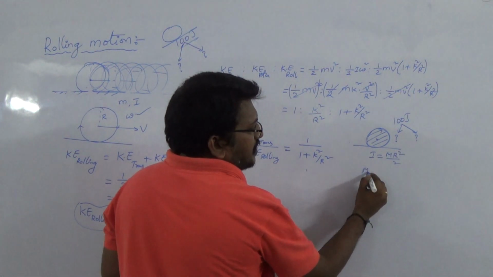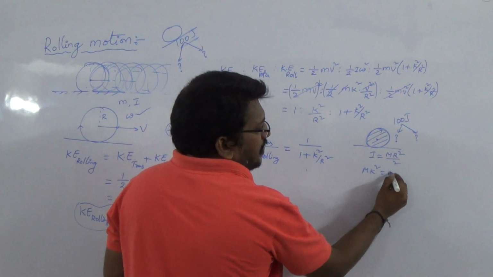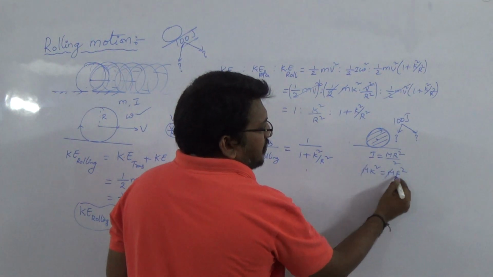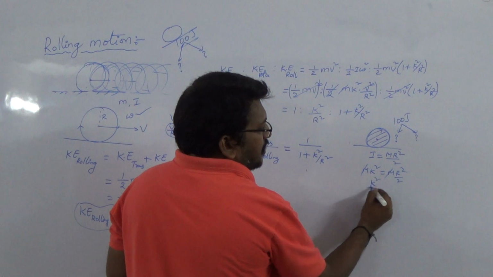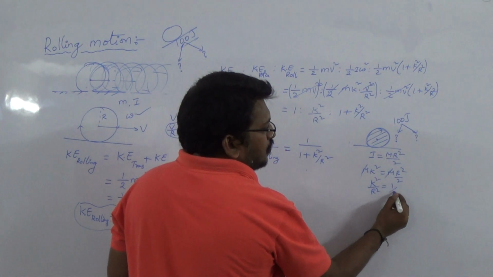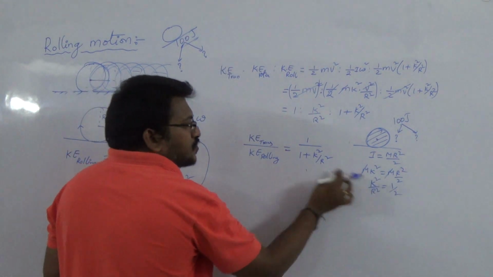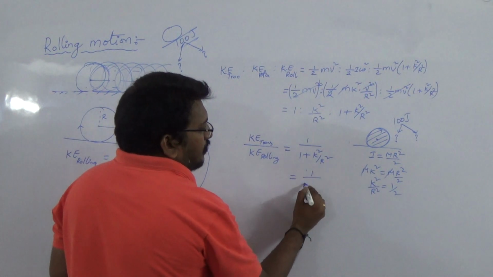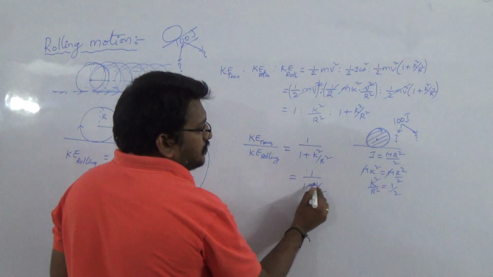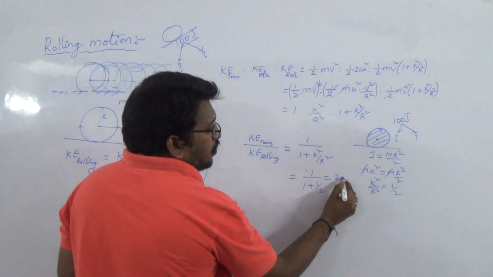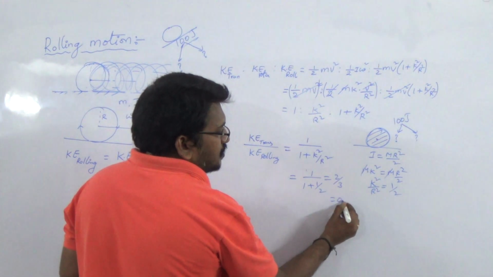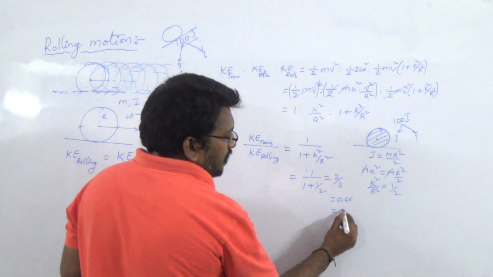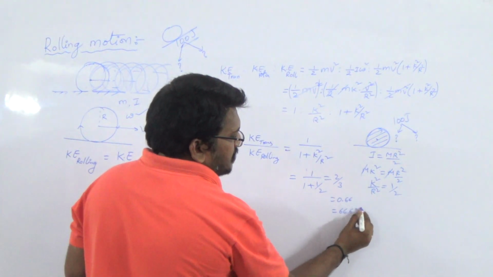From that you can write mk square equal to mr square by 2, both side m cancel. So we get k square by r square is equal to 1 by 2. Substitute here, that equals 1 by 1 plus 1 by 2, that equals 2 by 3. 2 by 3 means 0.66 and so on. That equals 66.6%.